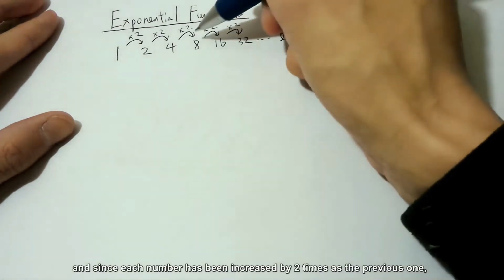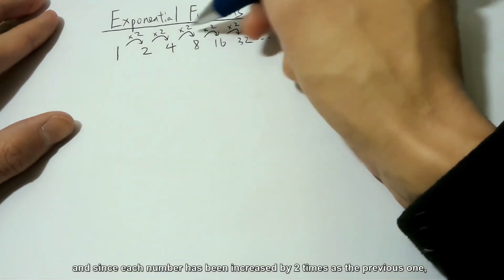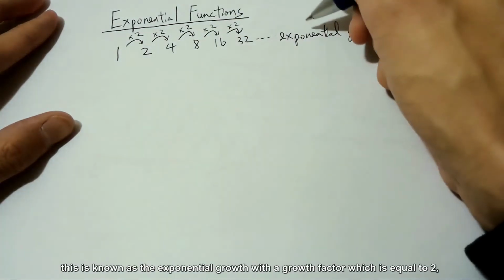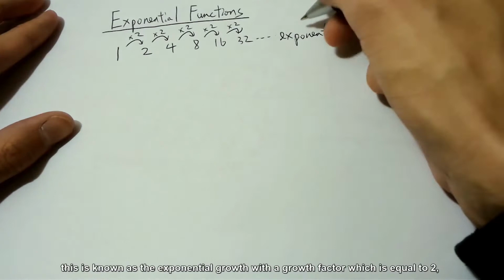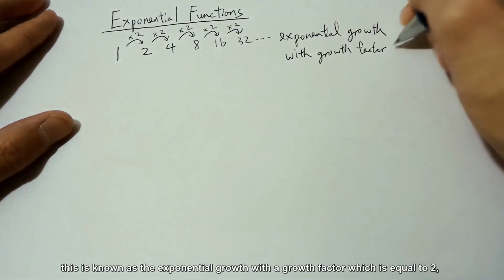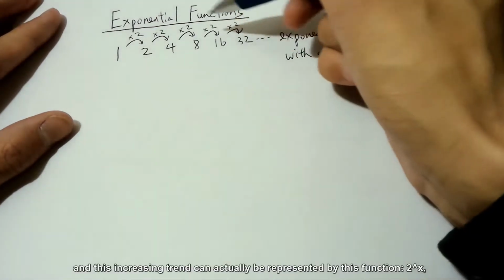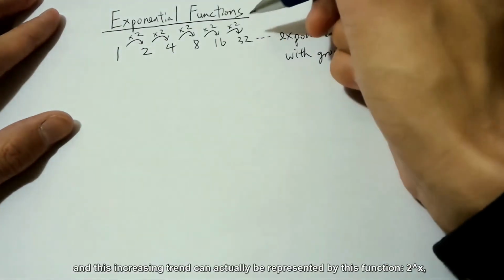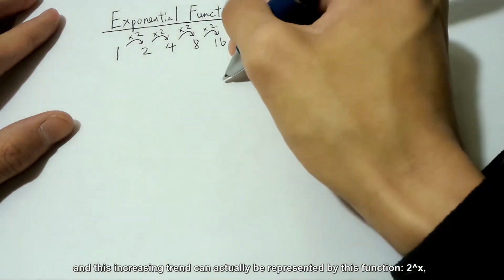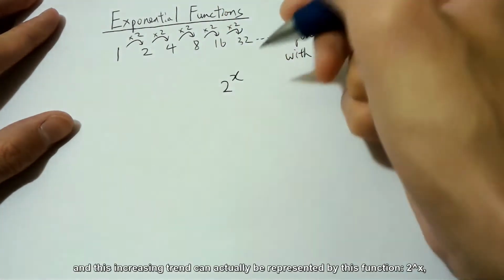And since each number has been increased by 2 times as the previous one, this is known as the exponential growth with a growth factor which is equal to 2. And this increasing trend can actually be represented by this function, 2 to the power x.